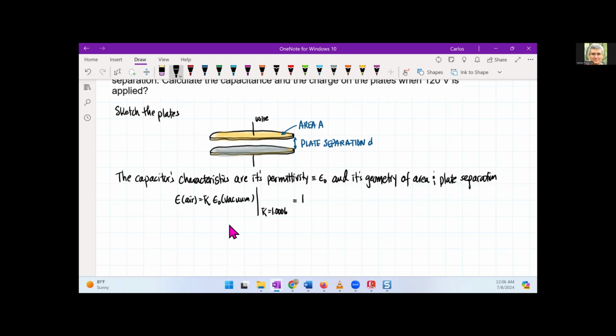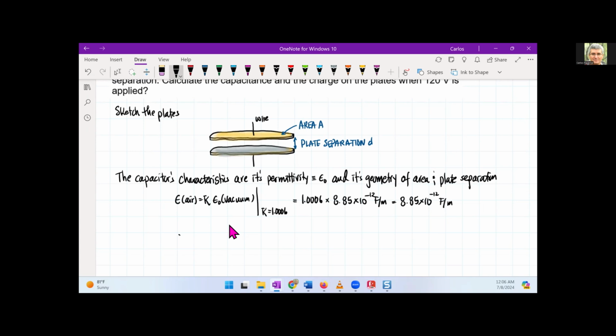So if I multiply these two together, I get a value of 8.85 times 10 to the minus 12 farad per meter. Again, that's my dielectric material.